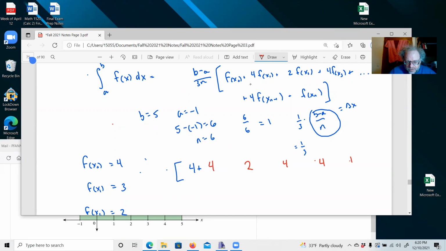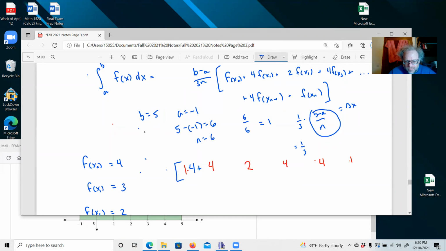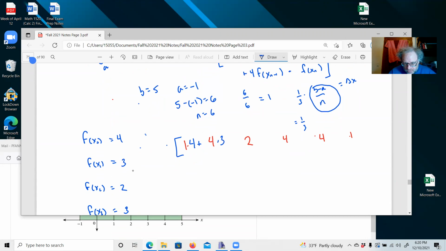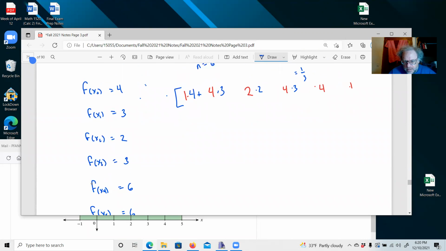Okay, this had a 1 next to it, 1 times. All right, and then the values that we put in here, okay, we have 4 times 3 times 2, times 3, times 6.